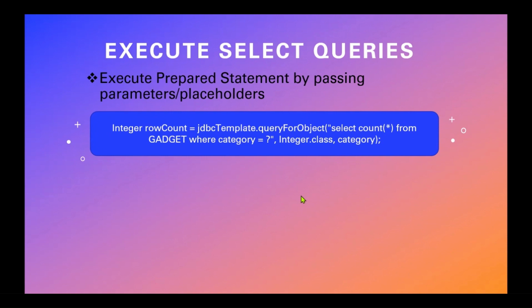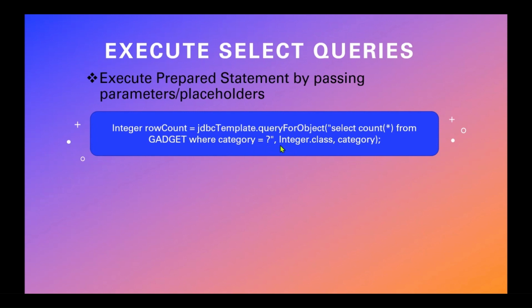Now let's look at how to execute a prepared statement by passing parameters or placeholders. The method remains the same, so we have to use the queryForObject method from JdbcTemplate, and you have to pass your query with the placeholders: select count star from gadget where category equal to question mark.